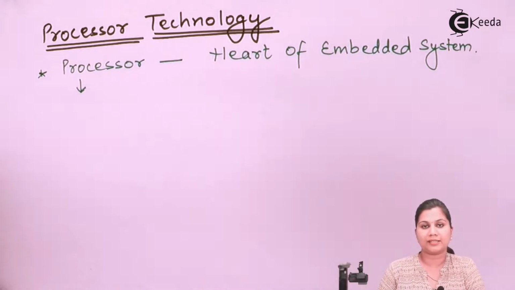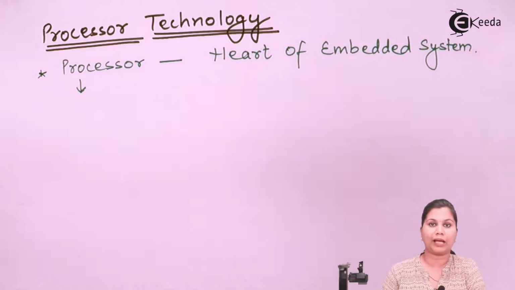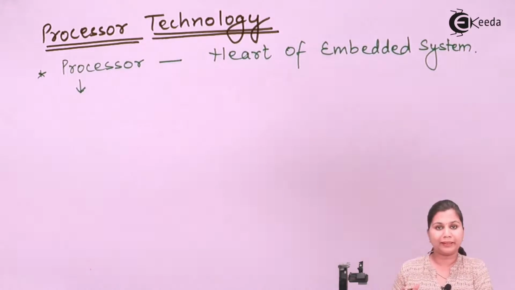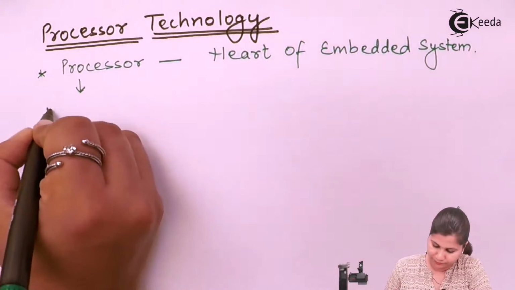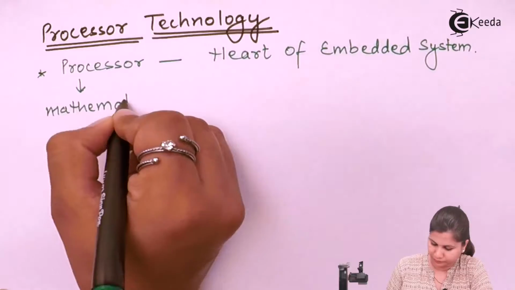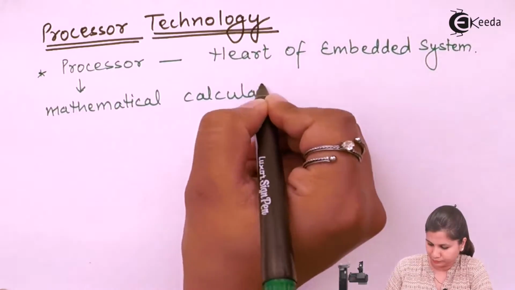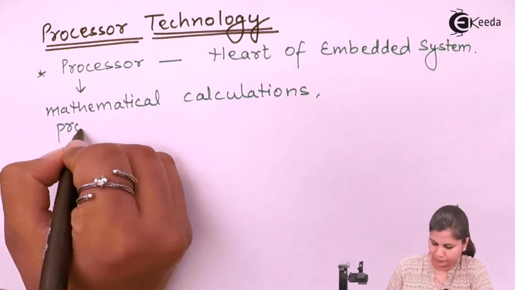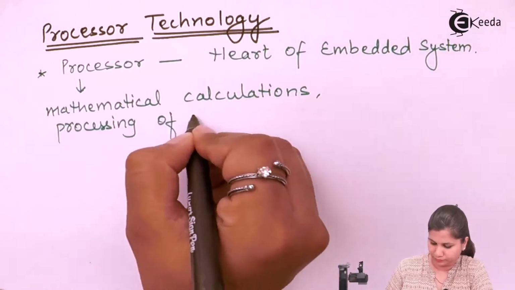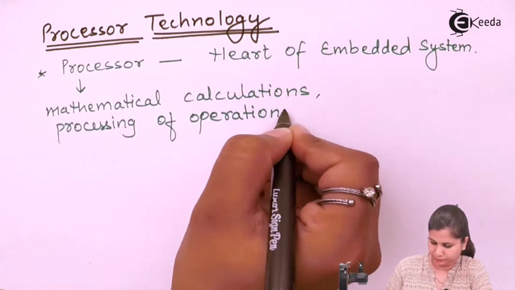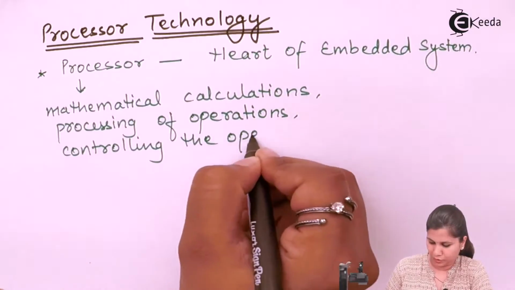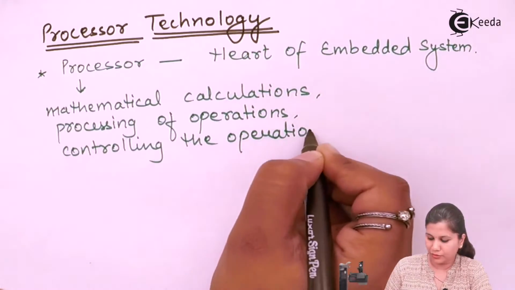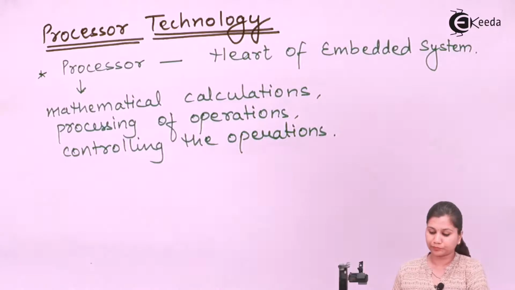For example, if the embedded systems are used for performing calculations, all the mathematical calculations and all the processing are done by the processor. So these are all the functions of the processor.